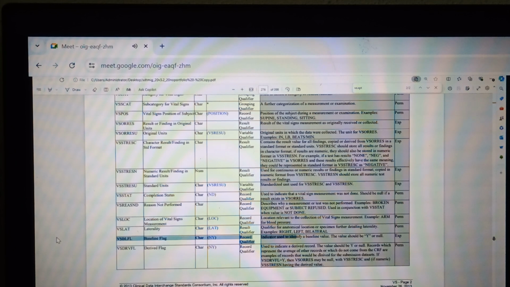For the baseline flag, we have a definition. Remember: latest non-missing value prior to the treatment. I'll type it here.